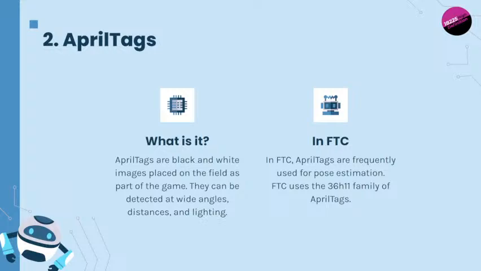If you have a camera pointing towards that wall, you can find its location relative to the April tag. And you already know where the April tag is on the field, since it's given to you a lot of the time. So then you'd be able to track where your robot is. And if the April tag is on the game element, then you would know where the game element is.